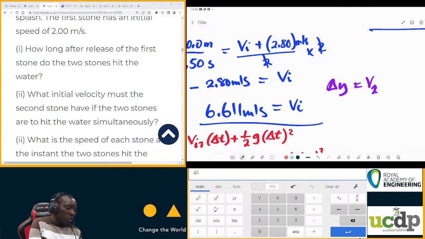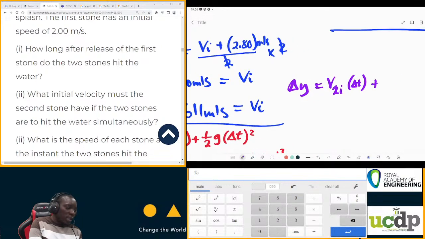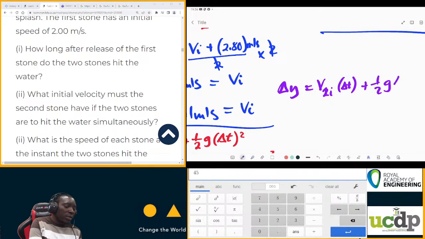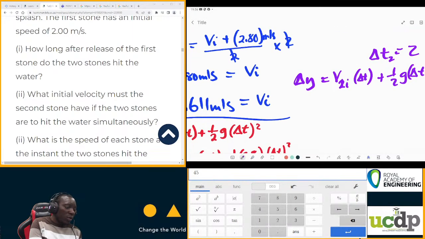This is stone 2, and delta y is the same. Take note, we said the downward direction is positive in this case. So delta t squared, since delta t equals 2, the time of flight for stone 2 is equal to 2.